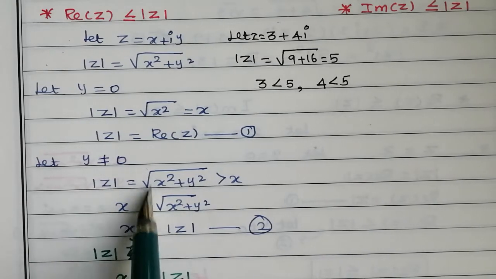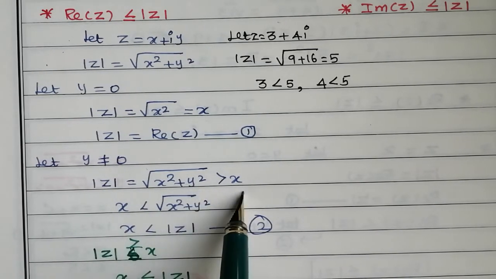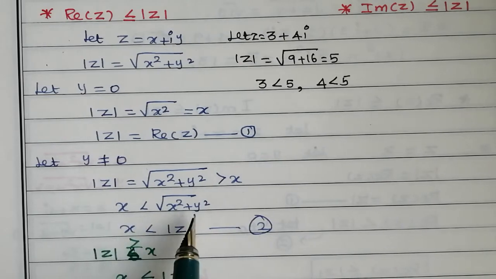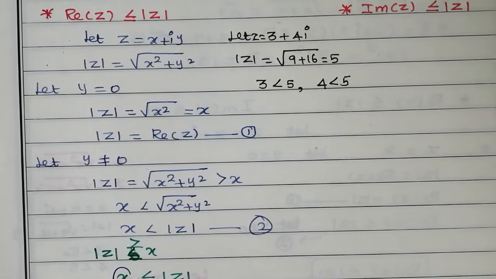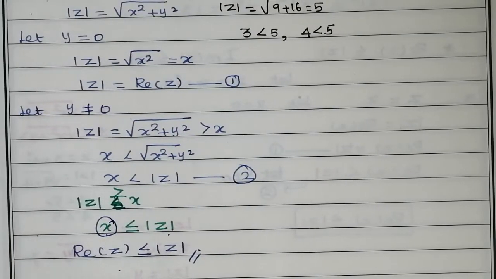Modulus of z equal to root of x square plus y square, which is greater than x. That is, x is less than square root of x square plus y square, which is nothing but modulus of z. That is, modulus of z is greater than x, or x is less than or equal to mod z. So x is nothing but real part of z.